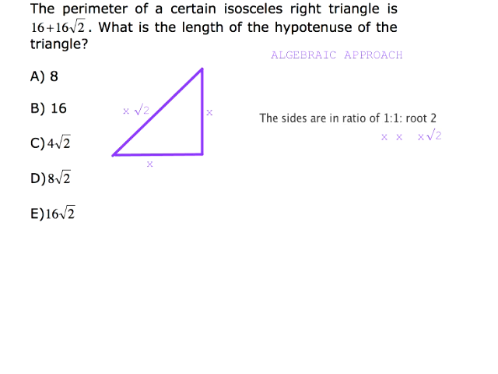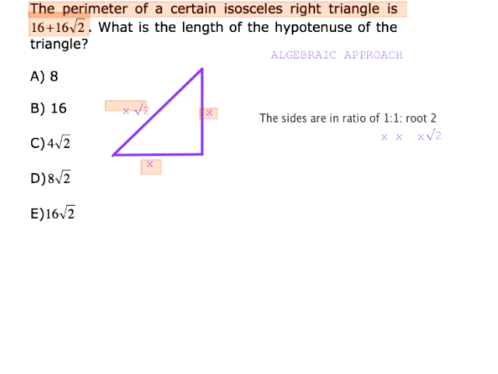Yes, you have to set this whole thing up, because there's basically only one fact that we have to use here, which is that the perimeter is that unholy number up there. So the perimeter is just the sum of all three of these sides.